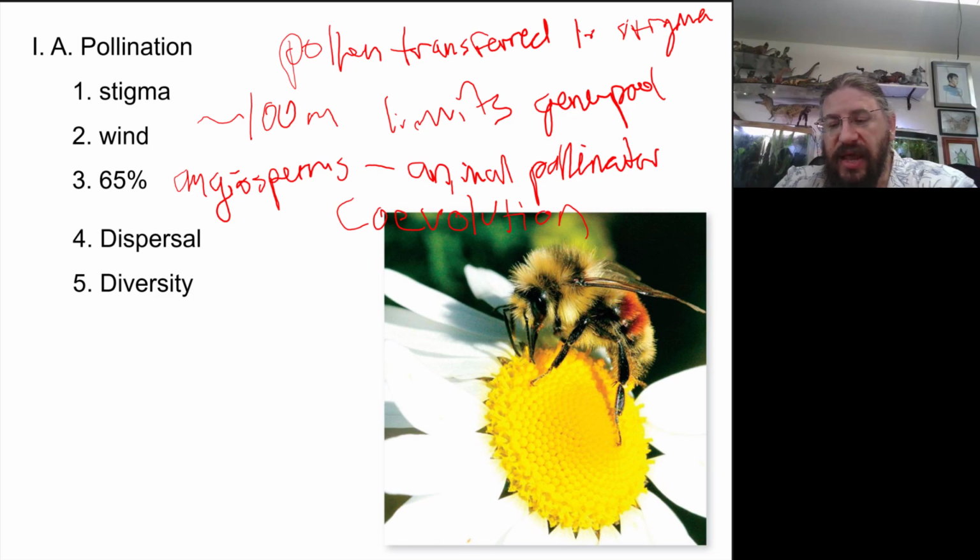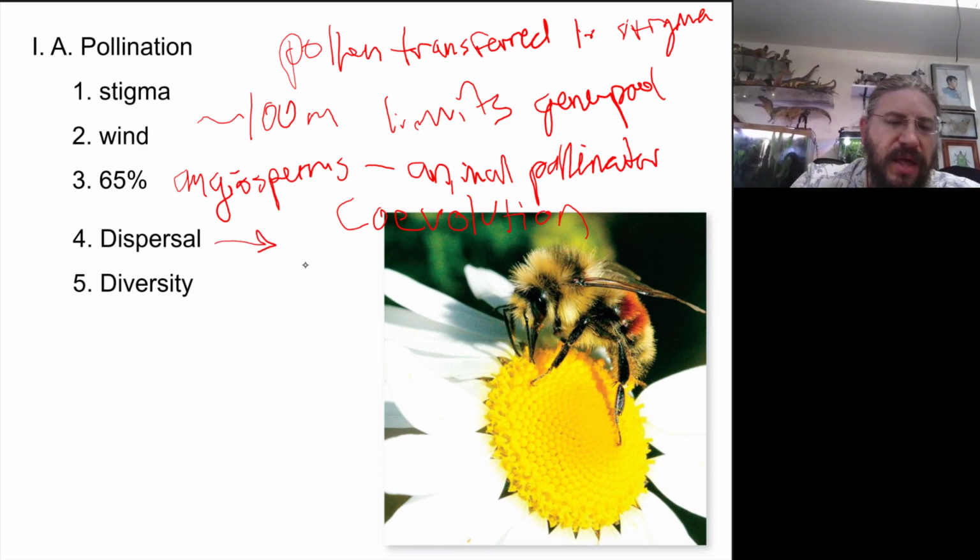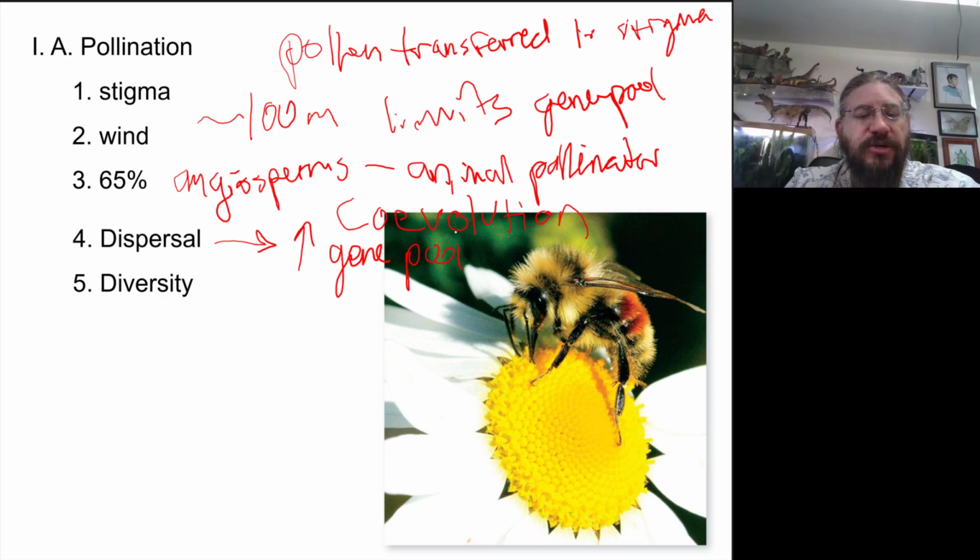This gives us a big advantage. A big increase in gene pool for our sexual reproduction. And this, in turn, increases dispersal of genes.